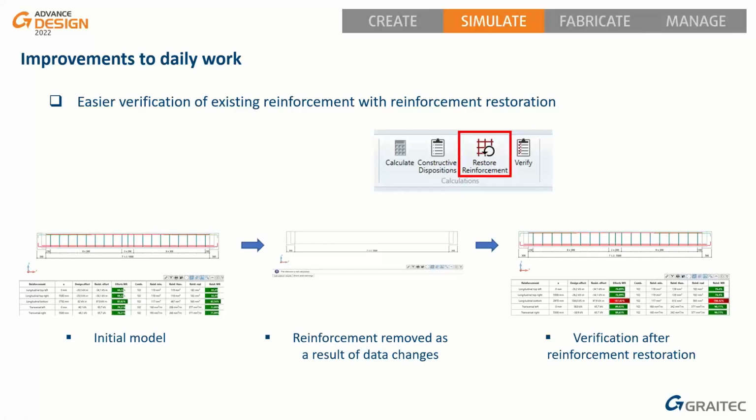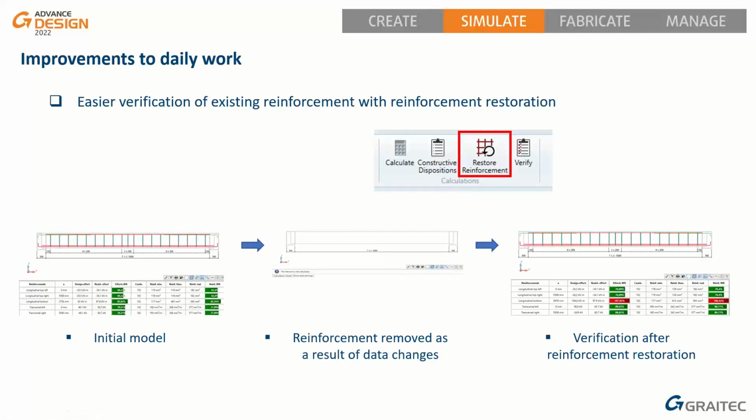When I define the model and the reinforcement, and then I want to use this reinforcement that was calculated or modeled by me, but for other data, usually when I change some data, the reinforcement cache is removed automatically. So it's an easy way to get it back. It will be clear when I show you in one minute.